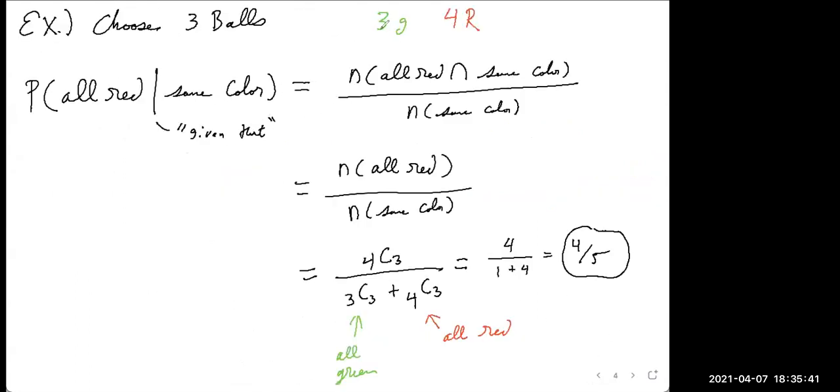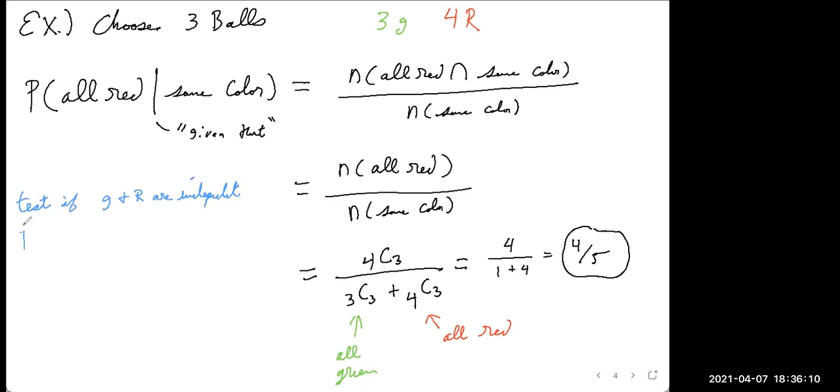We can go back to Michael's balls here, and we could see if the probability of a green and the probability of a red is independent. We could test that. So test if green and red are independent. Okay, let's see.